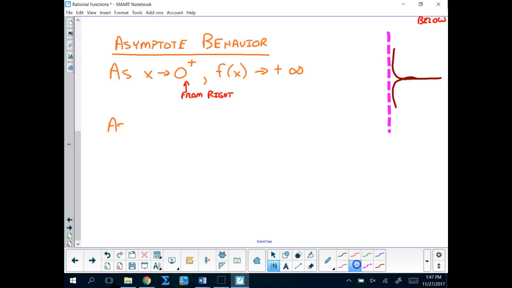Then, as x approaches 0 from the left, what's our function going to do? Negative, because now I'm going to be a really small negative number, and it's going to go down to negative infinity.